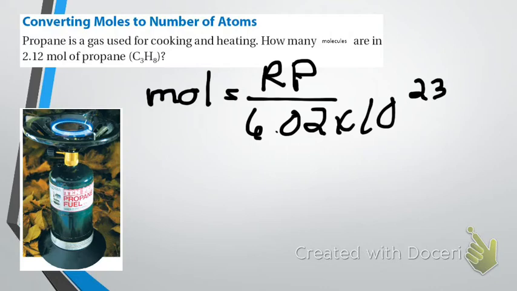Okay, so let's try the same problem by algebra. Here's our formula, same one. This time we're going to plug moles into there. So it's going to look like this.